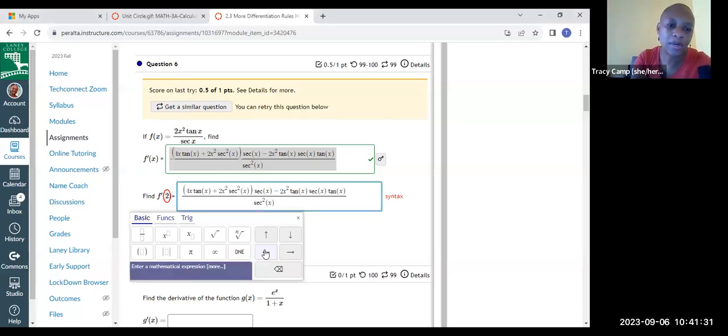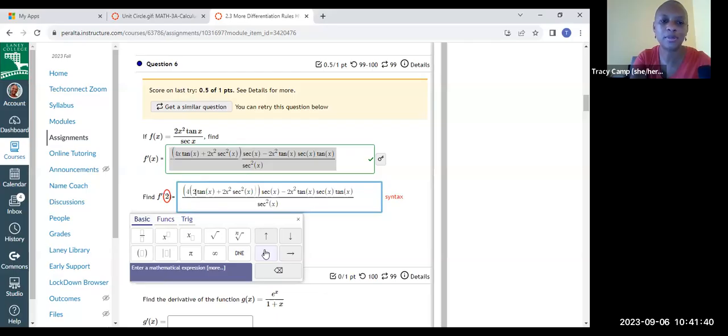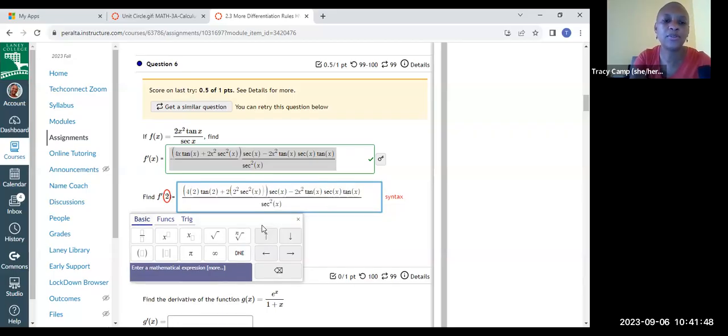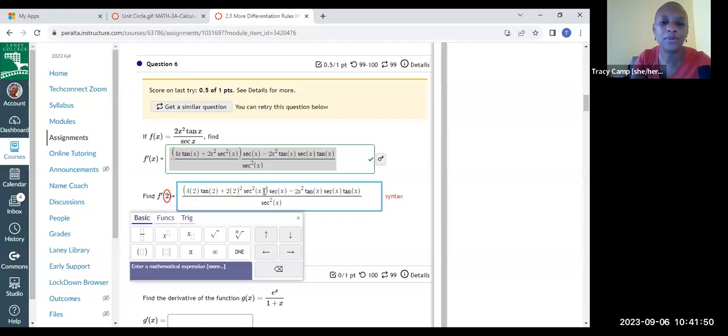I know that 4 times 2 is 8, so I could just replace this with an 8. Although, you know what, no, I actually am going to multiply this by 2 because I want to be really clear that I'm replacing all of my x's with 2's. But if you want to do some more math in between, feel free.